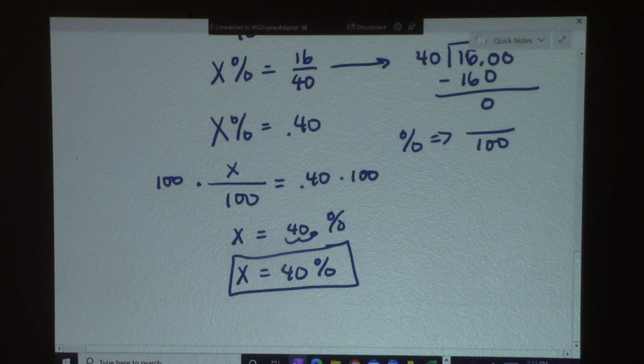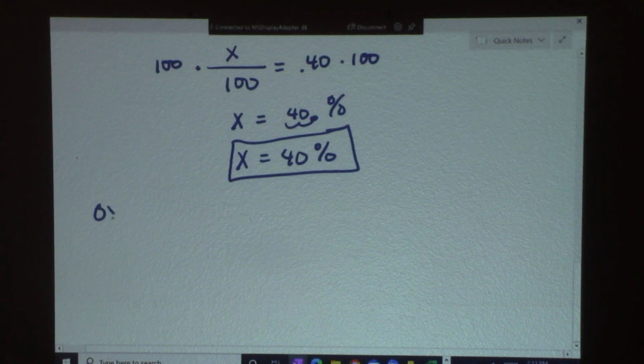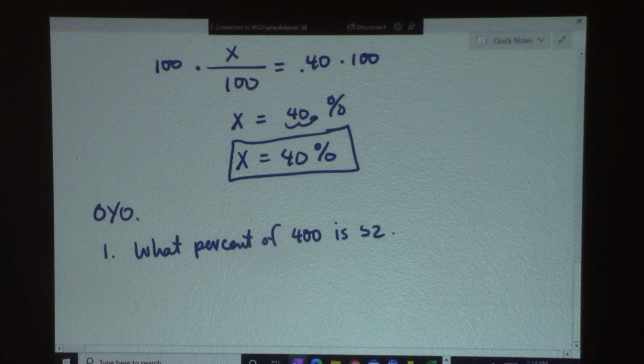All right, I'm going to let you try a couple on your own. And here is these 2 problems. Number 1, what percent of 400 is 52?